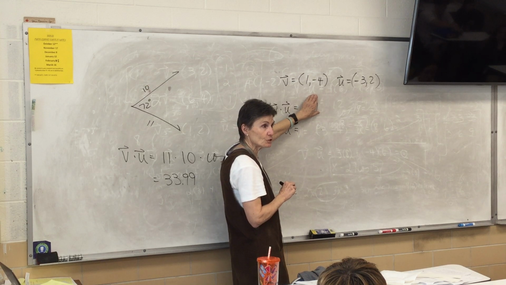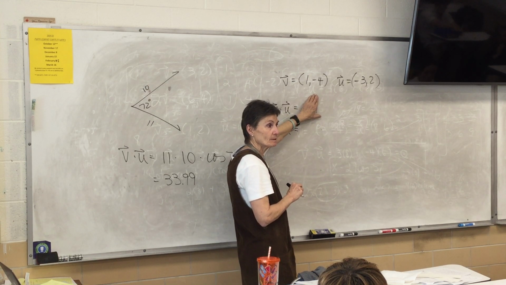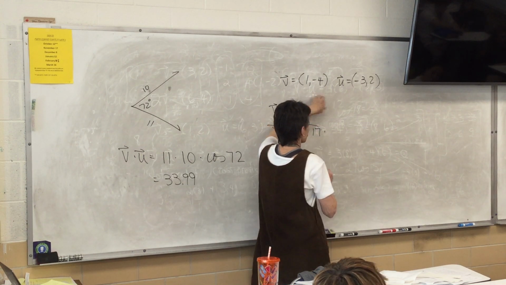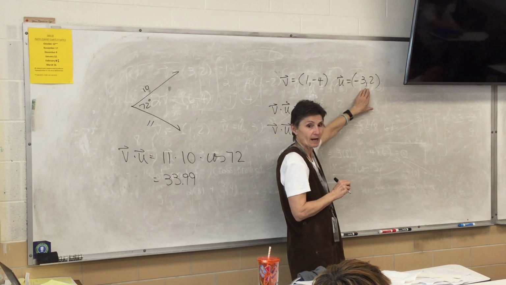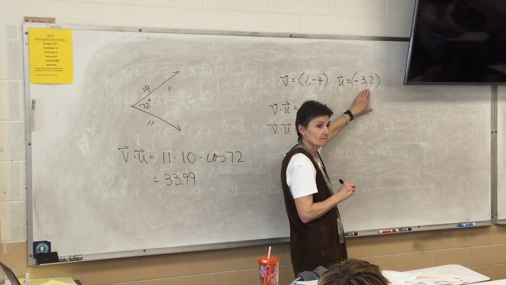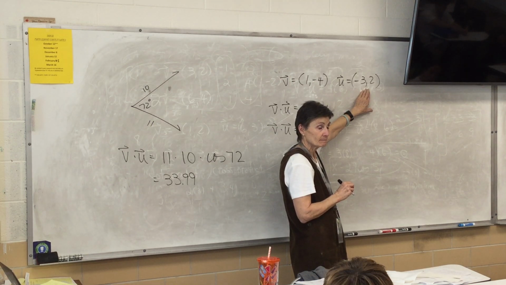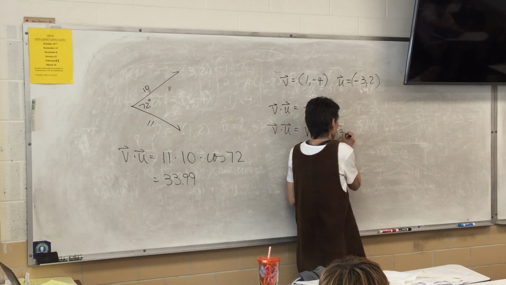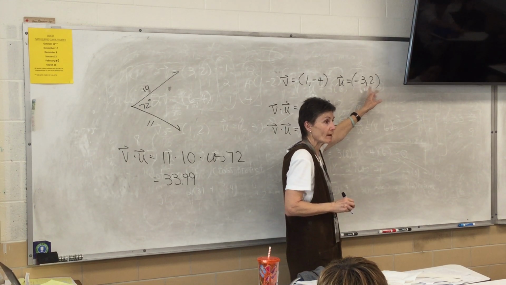Okay, what's the magnitude of this guy? Root 17, thank you, Mary. Times the magnitude of this guy. Thank you. Have you guys tried how to find magnitude? Square, square, add them up, take the square root.